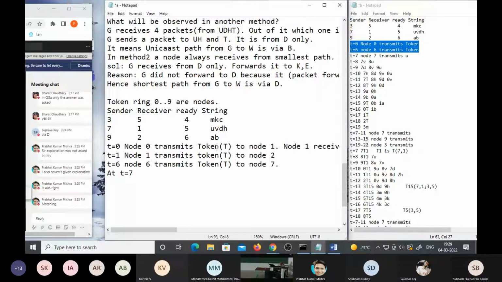At t equal to 7, node 7 transmits T1. The token has been changed. It is no more T. It is the modified token T1 to node 8.